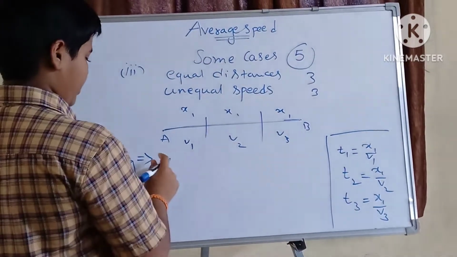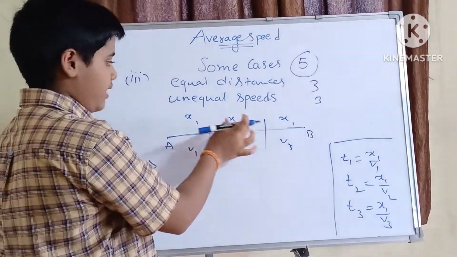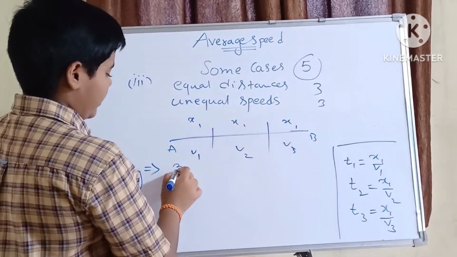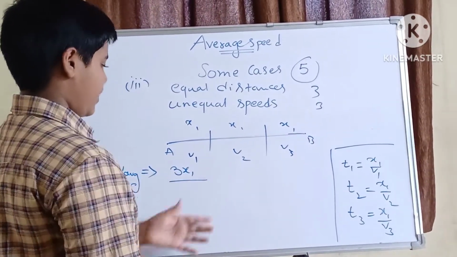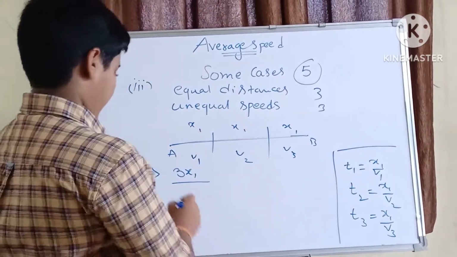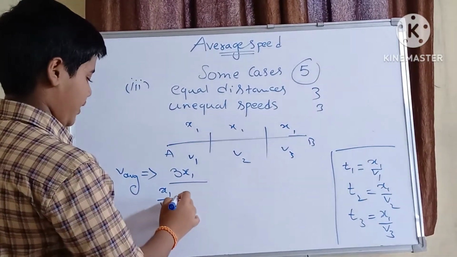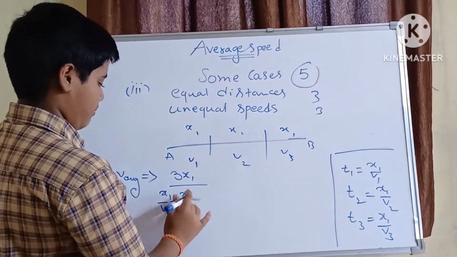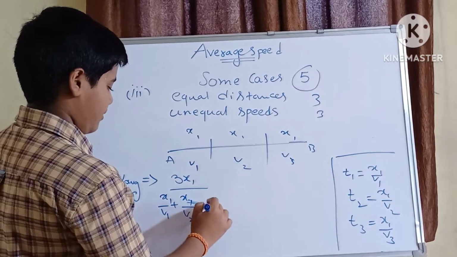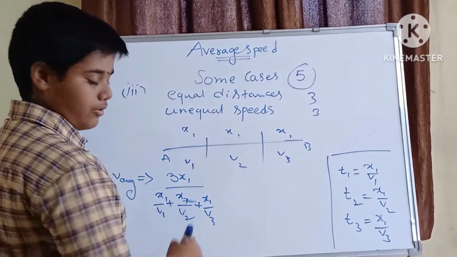So now total distance x1 plus x1 plus x1, that is 3x1, by total time x1 by v1 plus x1 by v2 plus x1 by v3.